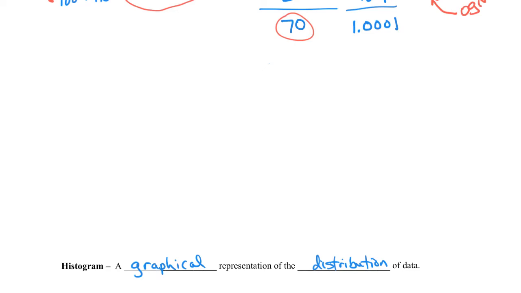We need a vertical axis, which will be our frequency. So make a vertical axis here for our frequency. Make a horizontal axis, which is going to be class boundaries. So we just look at our class boundaries.